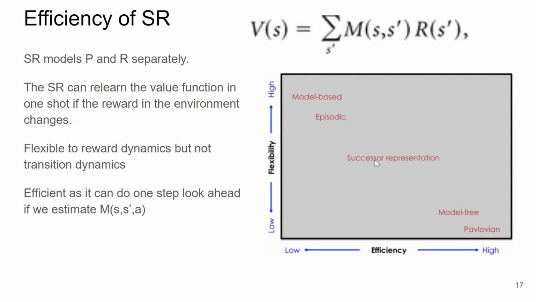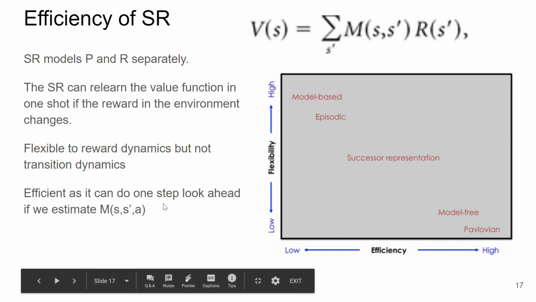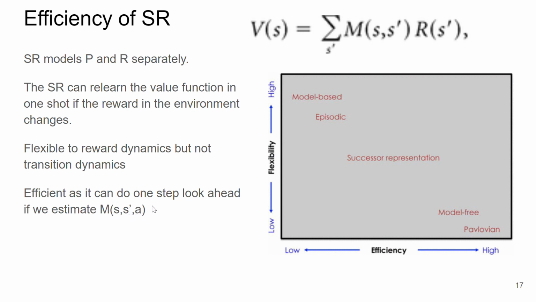So in that sense, it's still flexible, and it is also efficient in the sense that by reformulating the successor representation, you can also estimate M of S comma S dash comma A, and this can help you estimate the Q of S comma A. So you can continue to implement your lookup table.